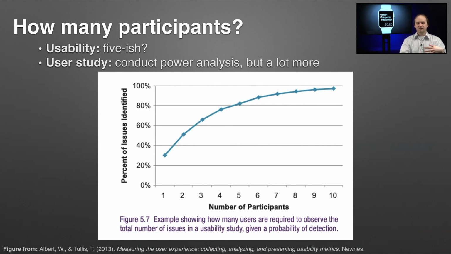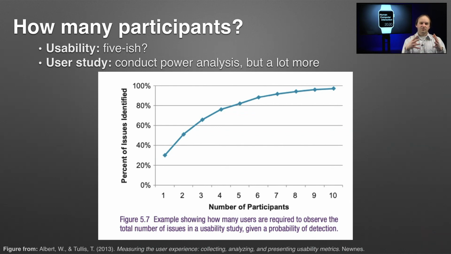The truth is, it depends on the application and the specific domain. So you can see this graph showing the number of issues discovered as a result of the number of participants in a study, and you can see that it levels off there.